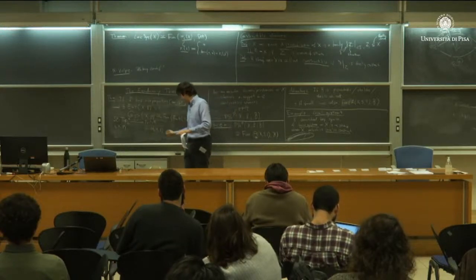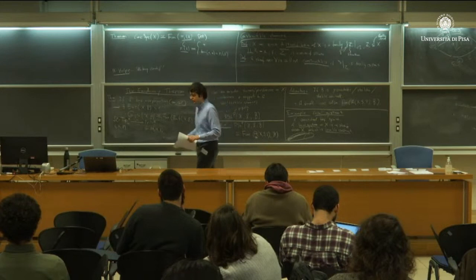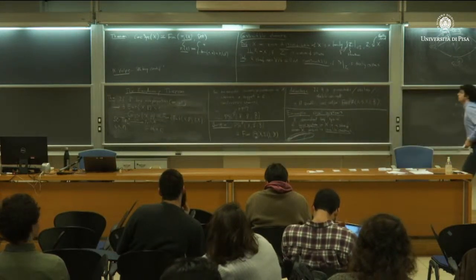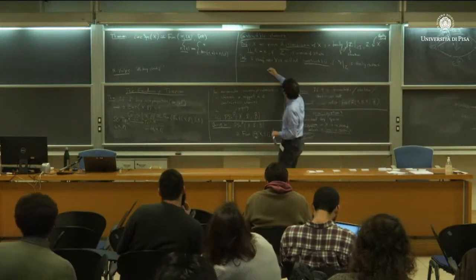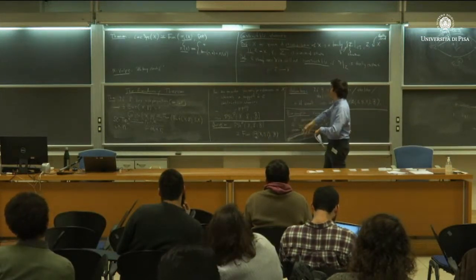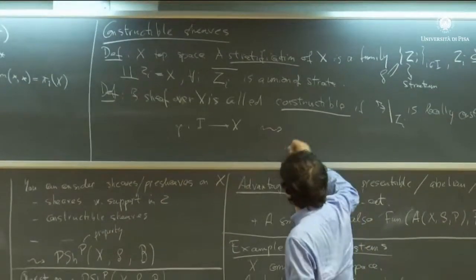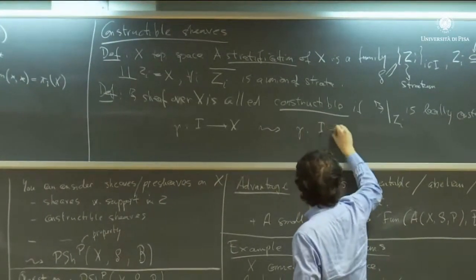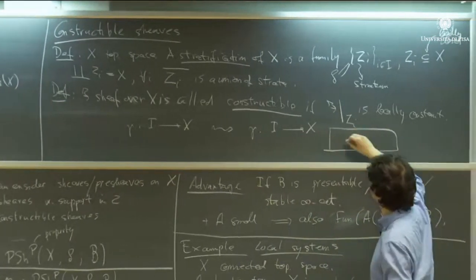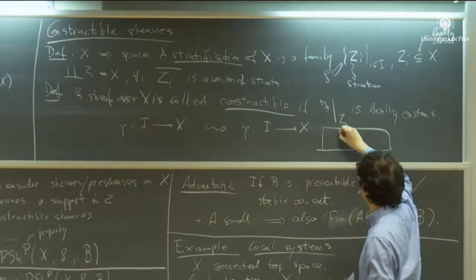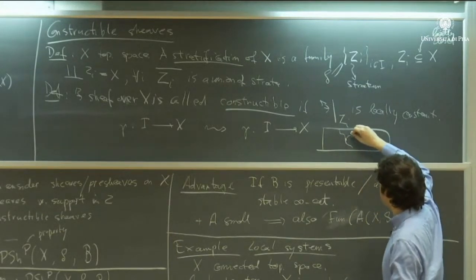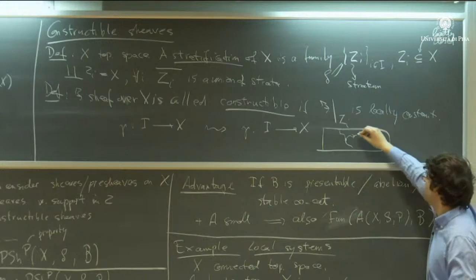So you replace the notion of path, which is gamma from I to X, which gives you the fundamental group, with gamma from I to X such that, if 0 goes to some stratum, then whenever the path exits, it cannot come back.